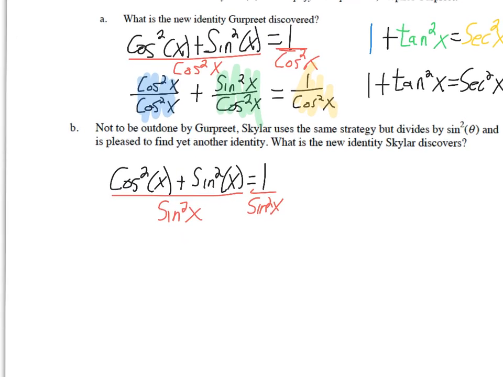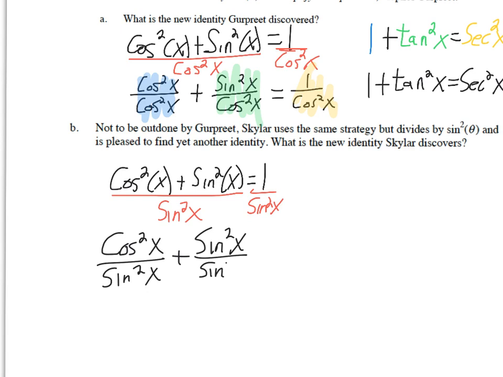That gives us cosine squared x over sine squared x plus sine squared x over sine squared x, equaling 1 over sine squared x.